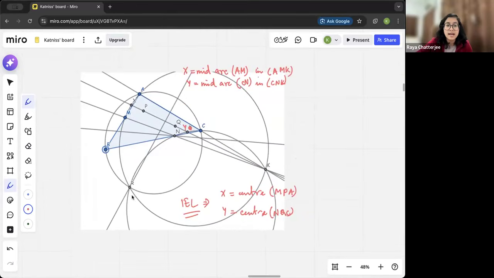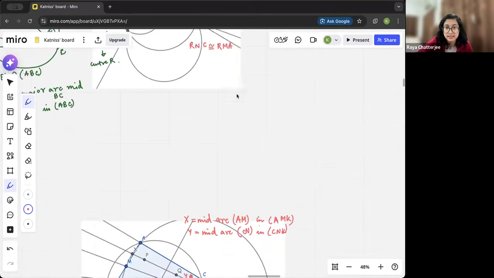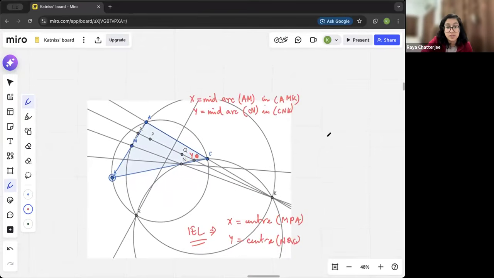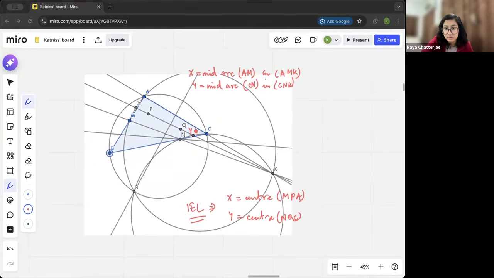So RNC and RMA are congruent. We had that previously. So doesn't this mean that the radius of circle RNC is equal to the radius of circle RMA? Can you check? Yes, these circles have equal radius, right? Make sense?